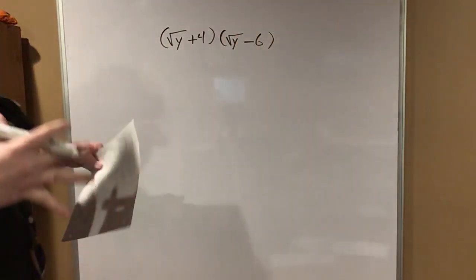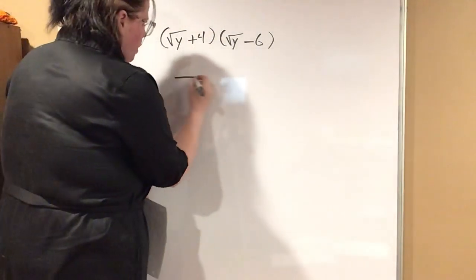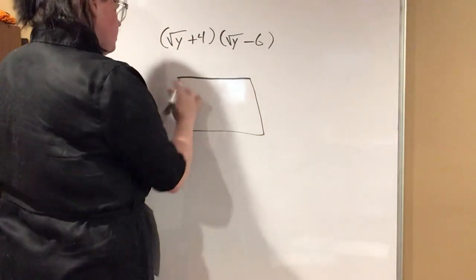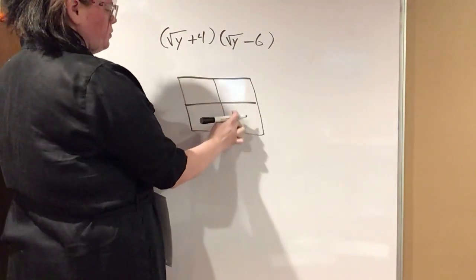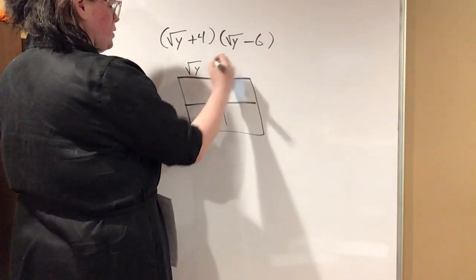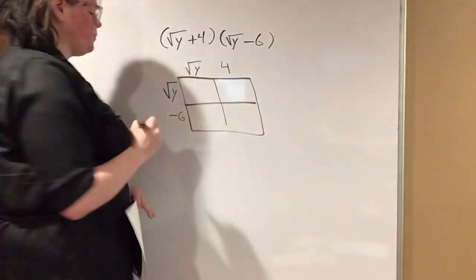So I know I taught you guys this method because I like to keep track of things by drawing a box. Okay, so now I have my box and it has to be a 2 by 2 because I have the square root of y plus 4 and square root of y minus 6.